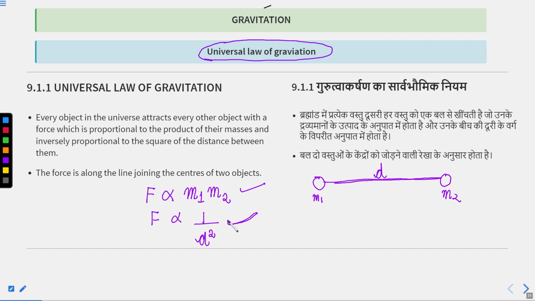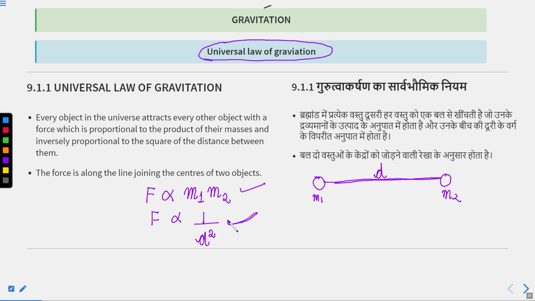So force is directly proportional to the product of their masses and inversely proportional to the square of the distance between them. It means that if the distance between both objects increases, the force of attraction will decrease gradually. The closer these objects are, the more the force of attraction will be.